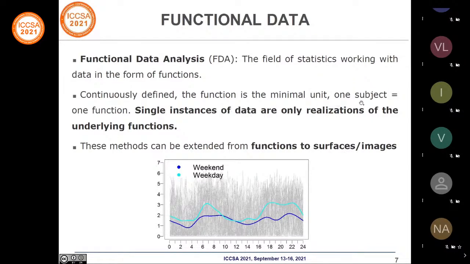So one subject, one participant, either control or Alzheimer, would have one function. These methods can be extended from functions to images, which is basically the same, but a function in a two-dimensional space. And we consider that single points, single data, are only realizations of the underlying function, which is what we are trying to obtain.